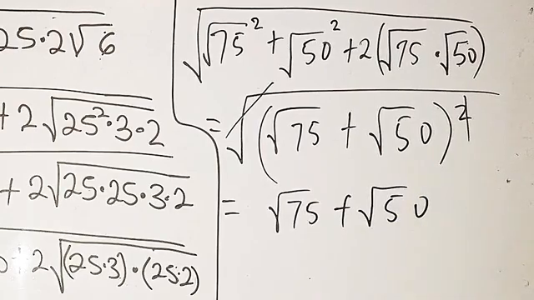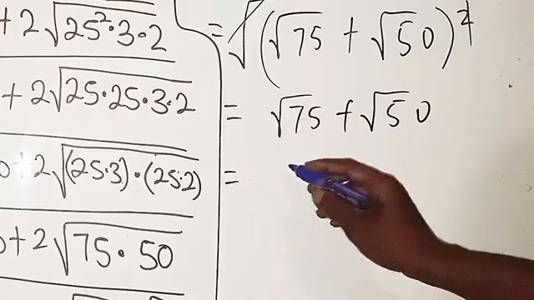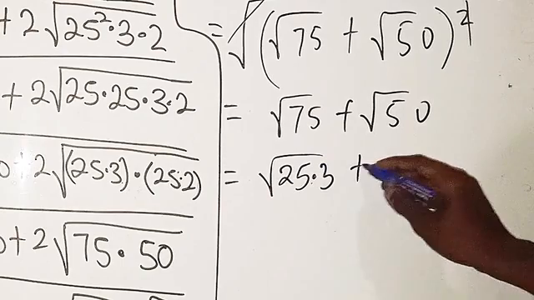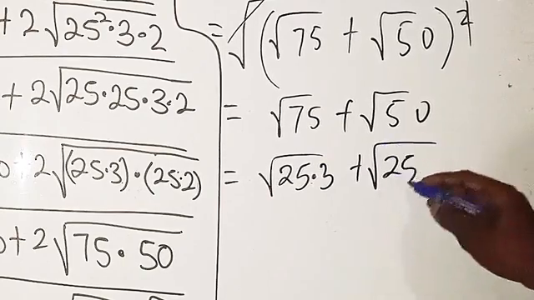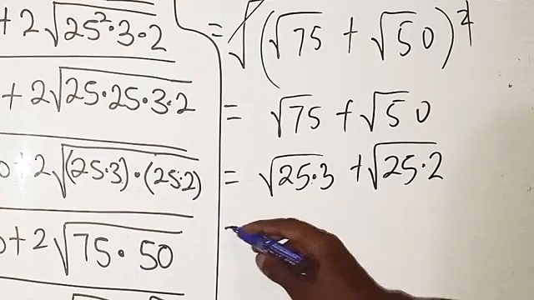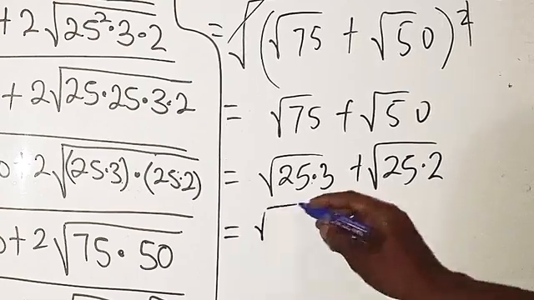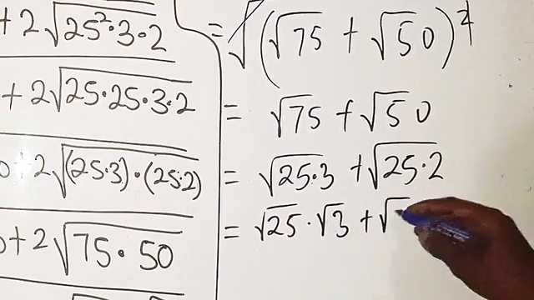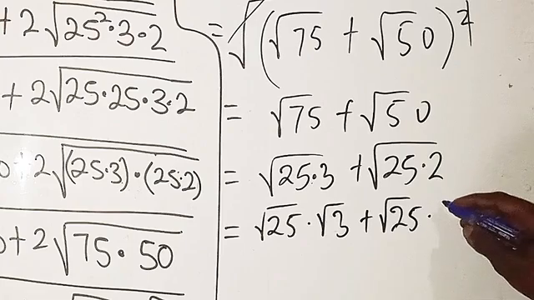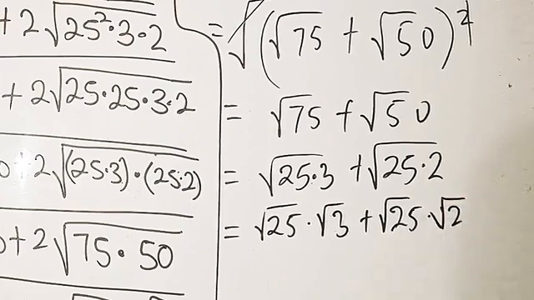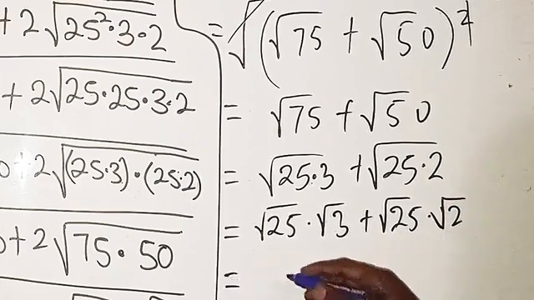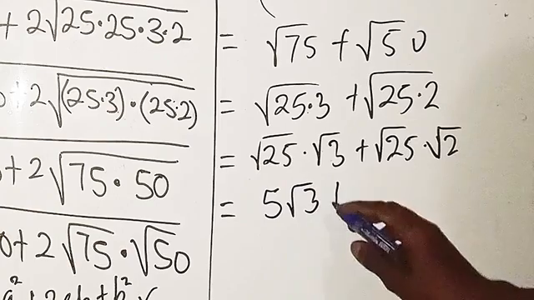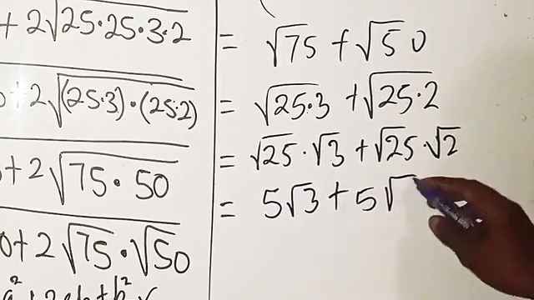So from there, the next thing we're going to do is we can rewrite this as 25 multiplied by 3 plus 25 multiplied by 2. So taking this, we have 25 dot 3, we have 25 dot root 2. So from there, we have this to be 5 root 3 plus 5 root 2.